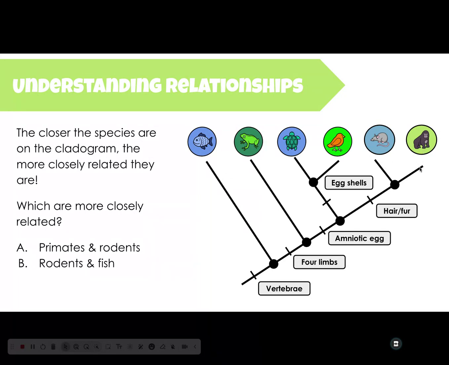So if we go from primate over to rodent, pretty short distance. If we go from the rodent and follow its pathway all the way to fish, there's a much larger distance between those two groups. So in terms of who's more closely related, it would be the primates and rodents. There's less evolutionary time between them, indicating they're more closely related.